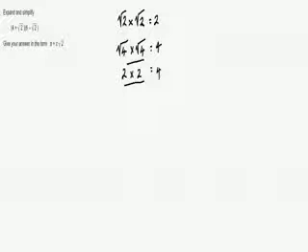It must be 4. So if you multiply a root by itself, you get the number that's inside. So now we've got 4 plus root 2 and 6 minus root 2.